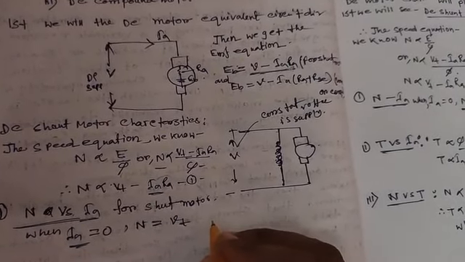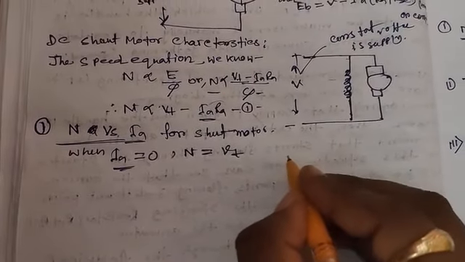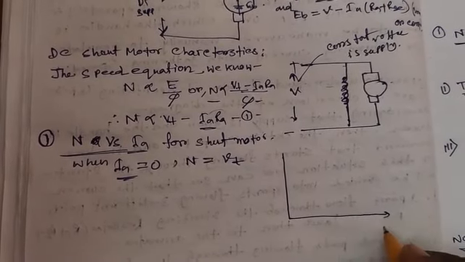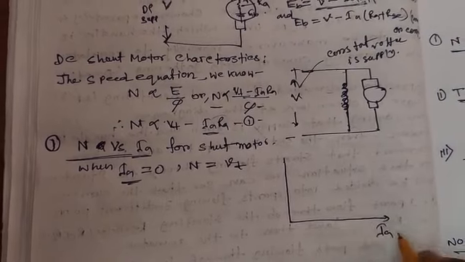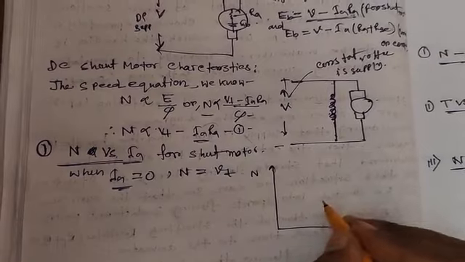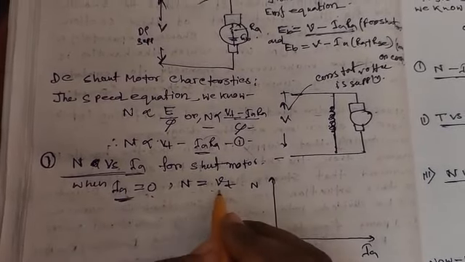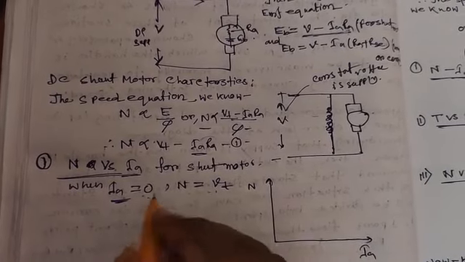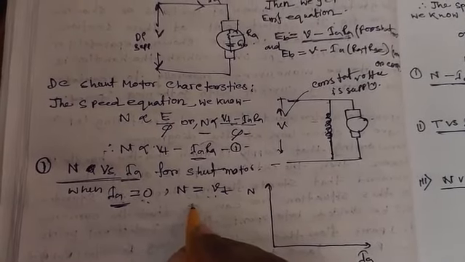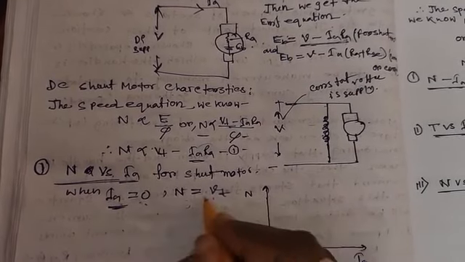Then I will plot the characteristics of speed versus armature current. This is the y-axis, this is the x-axis. Draw the armature current on the x-axis and speed on the N-axis. When the armature current Ia is equal to 0, the speed is maximum, N is equal to Vt.